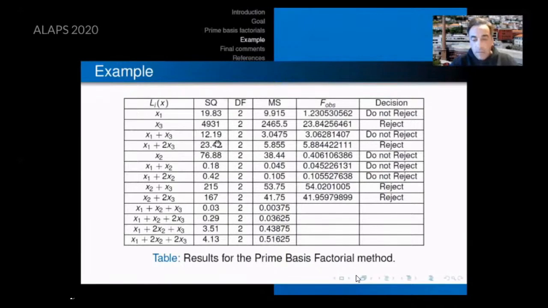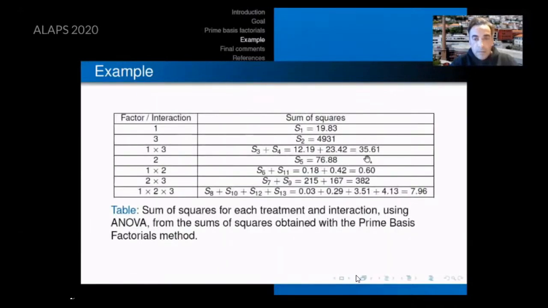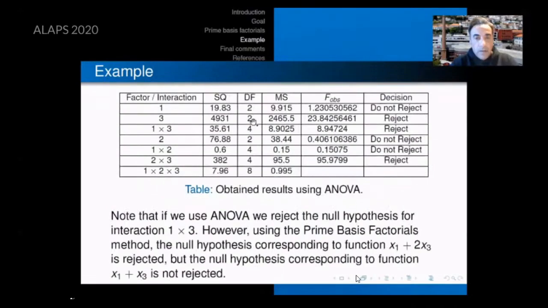We sum these two. Here it is. And here we have the table using ANOVA just to confirm that the sum of squares may be obtained this way. So note that if we use ANOVA, we reject the null hypothesis for interaction 1, 3 between factor 1 and factor 3.